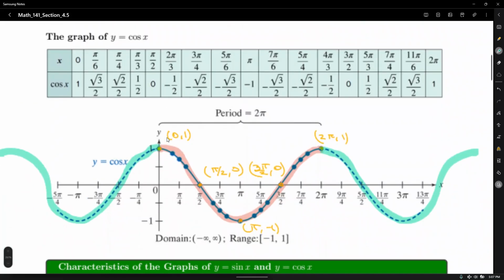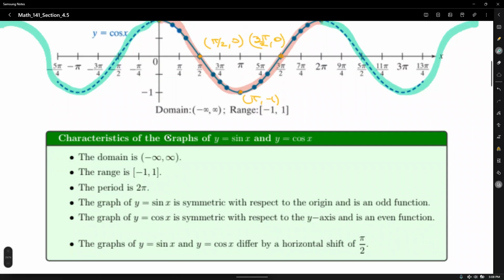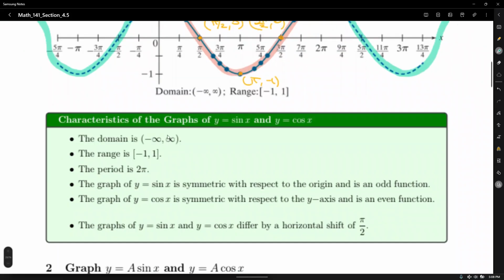The cosine function starts at the point 0, 1, decreases, and then increases again. From the shape you can always divide the interval between 0 and 2 pi into 4 pieces, which gives you pi over 2, pi, and 3 pi over 2.